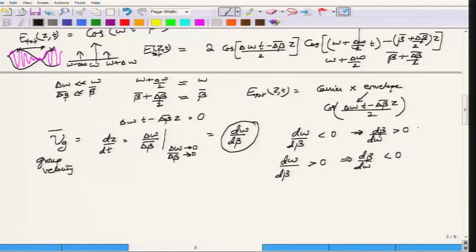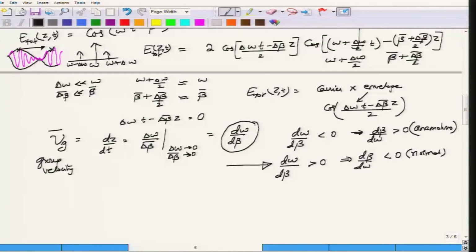So, this particular case is called the anomalous dispersion case, and this is called the normal dispersion case, and group velocity is normally defined very well for the normal dispersion situation. That is where we can define very clearly what the group velocities are. The situation for anomalous dispersion is very complicated. So, we will not pursue this anomalous dispersion case here.